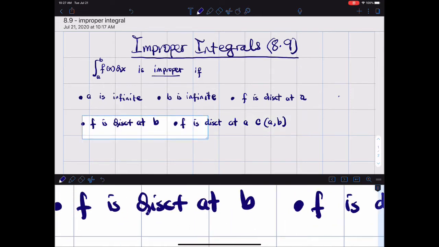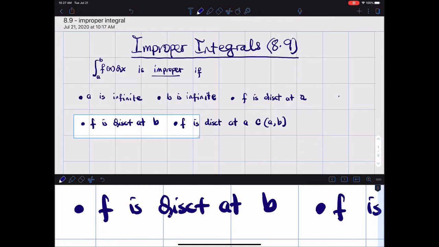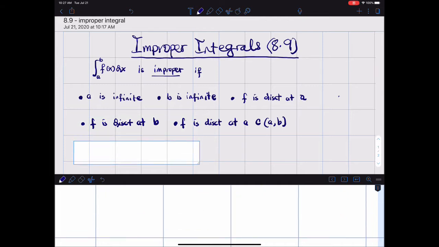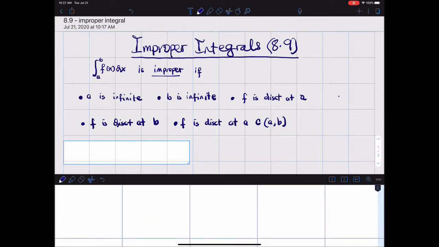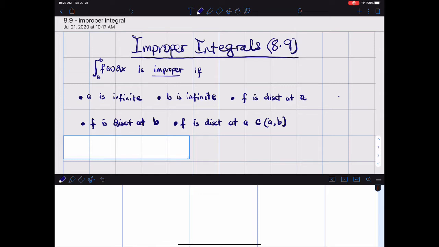I just made up an abbreviation for discontinuous, so forgive me about that. One thing I want to point out is that only one of these conditions has to hold for the integral to be improper.